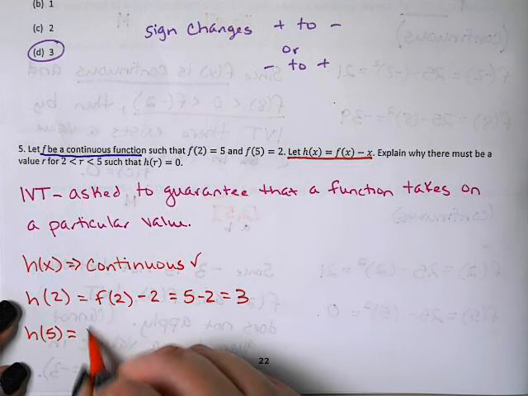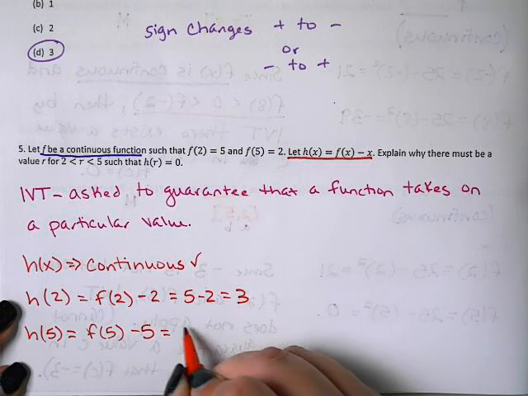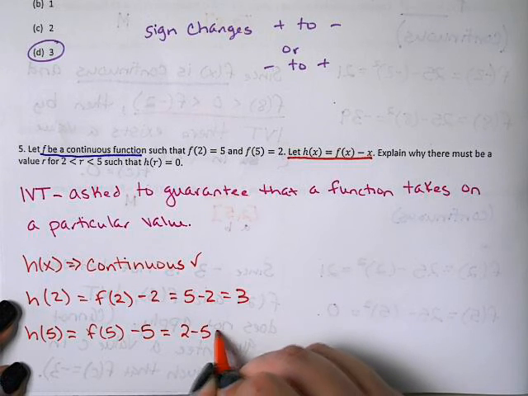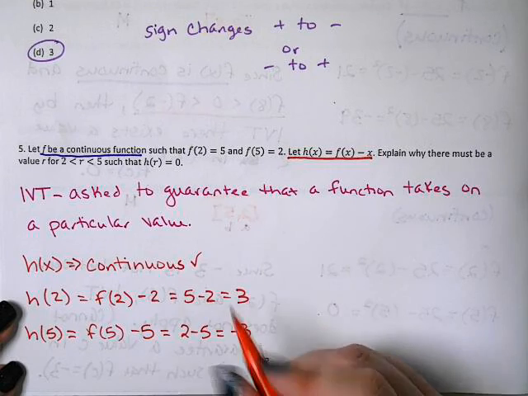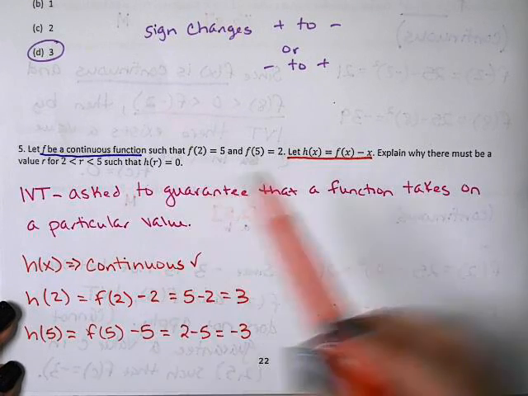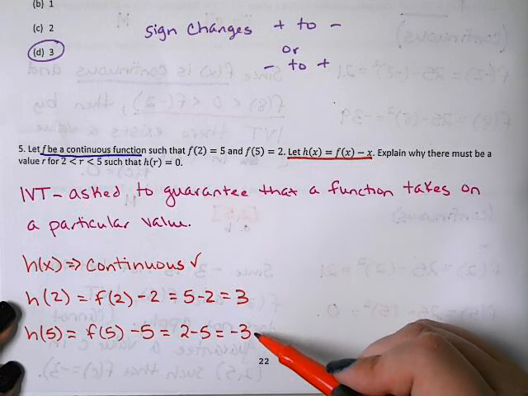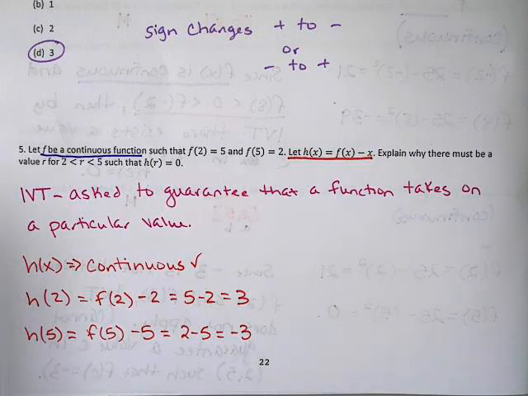And then h of 5 is f of 5 minus 5, which would be 2 minus 5. So we get negative 3. And we're looking to see if h of r equals 0. Well, to go from 3 to negative 3, we had to have passed 0. So intermediate value theorem can be used here.